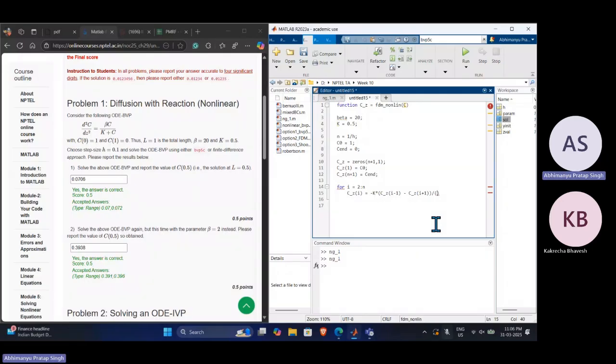Just need to make sure that my calculations are correct. c(i plus 1) c(i) plus k c(i plus 1) minus 2k c(i) minus 2 c(i) square plus c(i minus 1) times k plus c(i minus 1) c(i) is equal to beta h square c(i). This is correct. Then I collect all the ci terms.